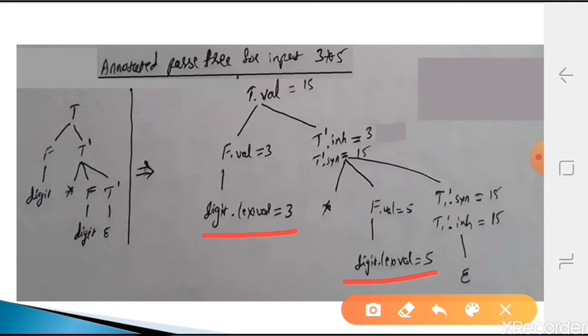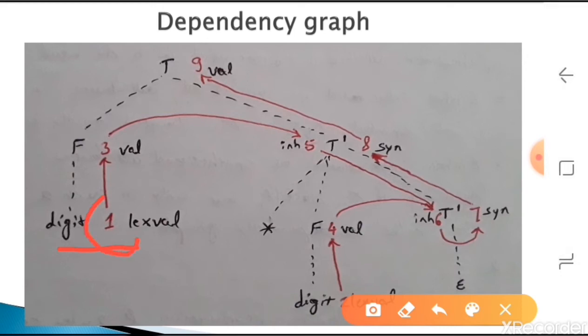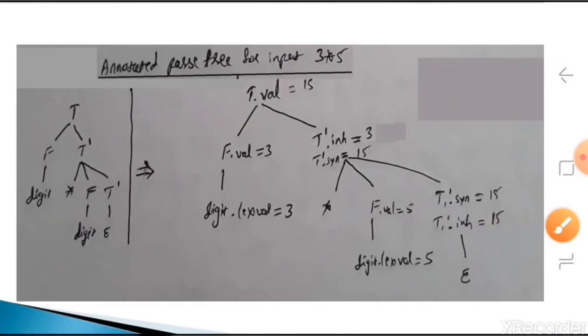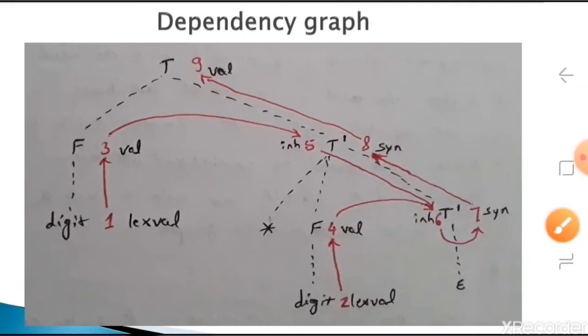Whenever it comes, the first digit will be read from the lexical analyzer, along with its lexical analyzer value. So this is read, then 5 is read, and that is the second one.